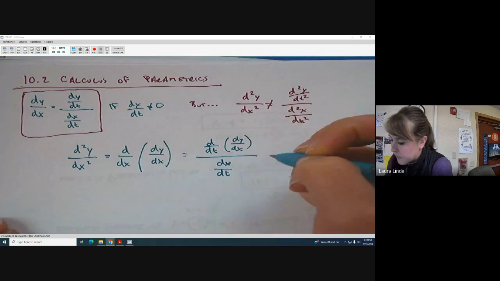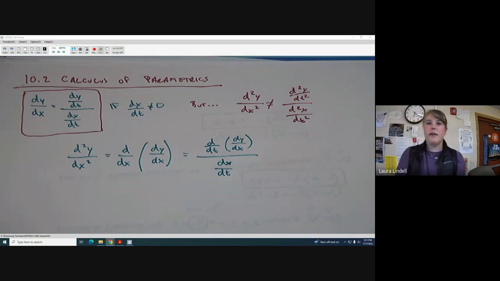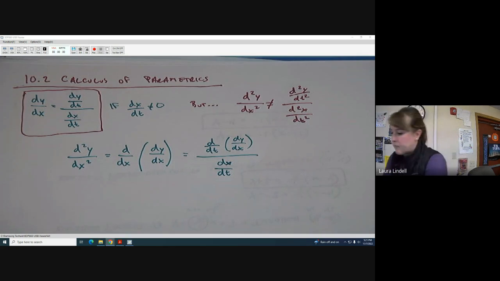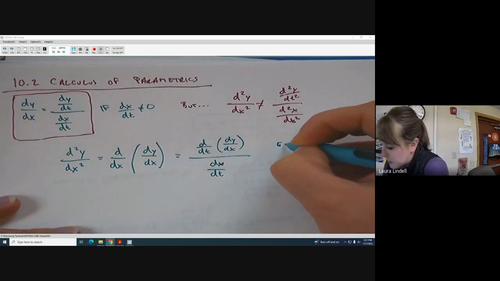and then divide by another dx/dt. So what ends up happening is each time you take another derivative with parametrics, you have to divide by another dx/dt. So if I wanted the third derivative, we'd be dividing again by another dx/dt.